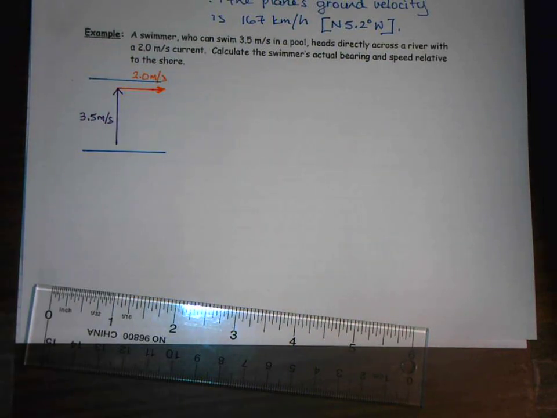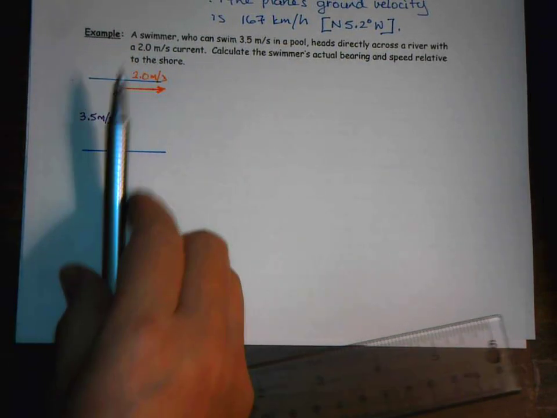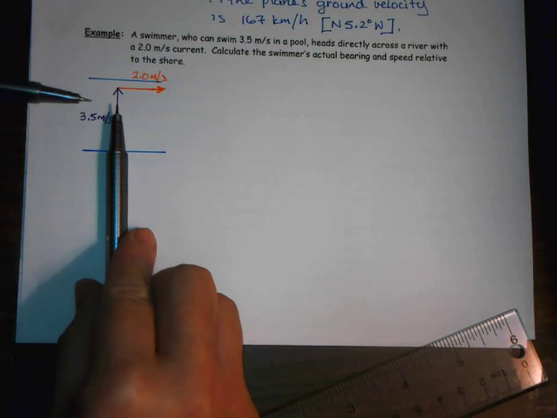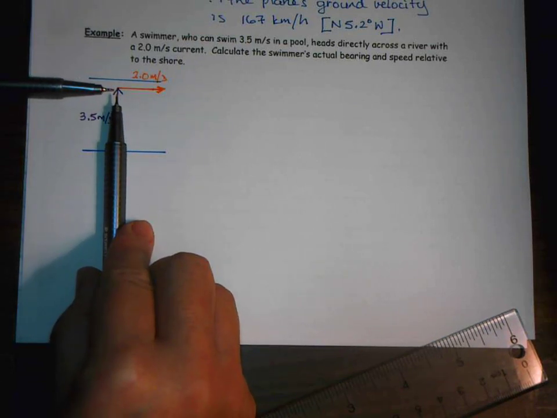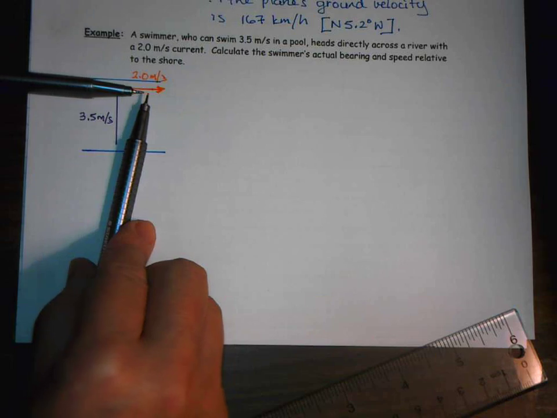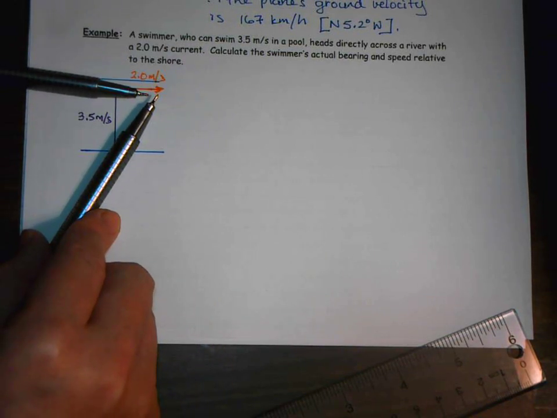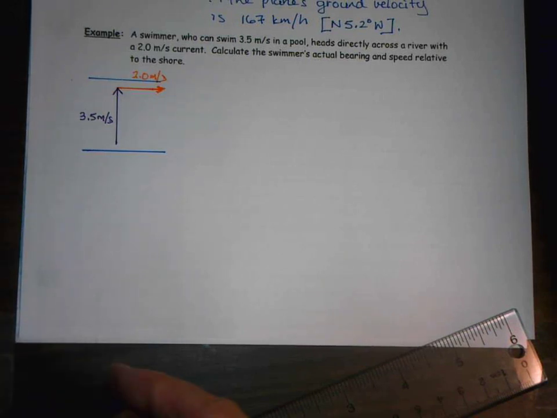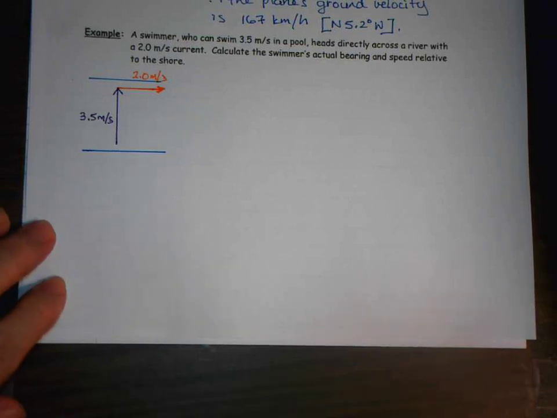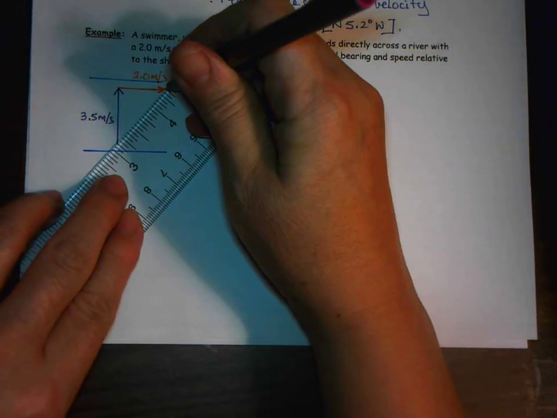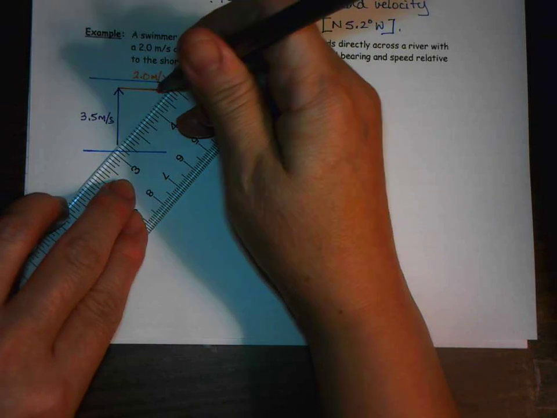So again, if you think about it, your swimmer is going like this, and the current is pushing the swimmer along, so the swimmer is going to be following a pathway that looks like this. So this is the resultant, R, along here.